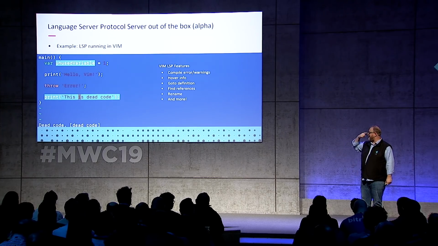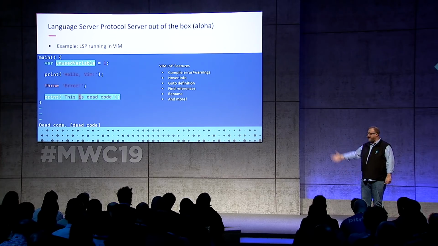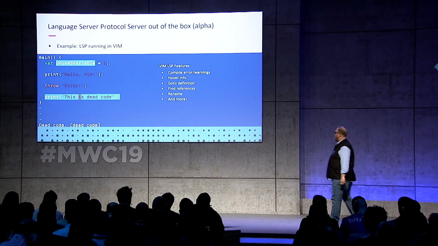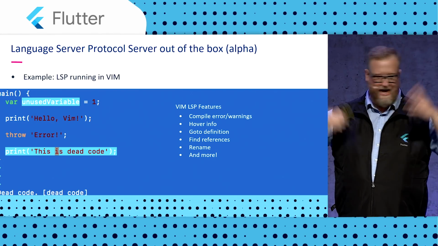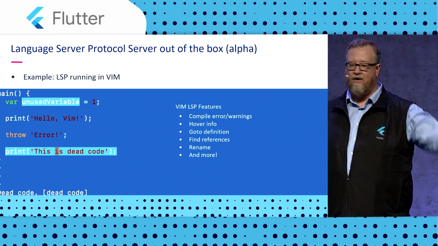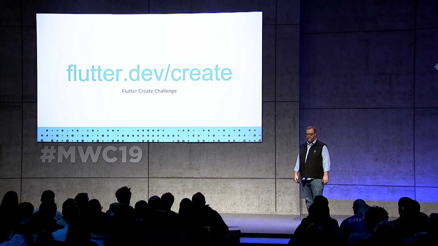In this particular case, we happen to be reflecting an error message of some dead code, but we can do warnings, finding definitions and references, and refactoring with renaming, and all of the goodness that LSP provides. The idea being we want Flutter to be everywhere, and that includes developer tool support.